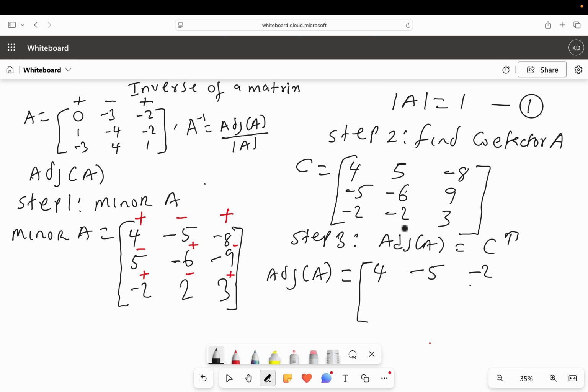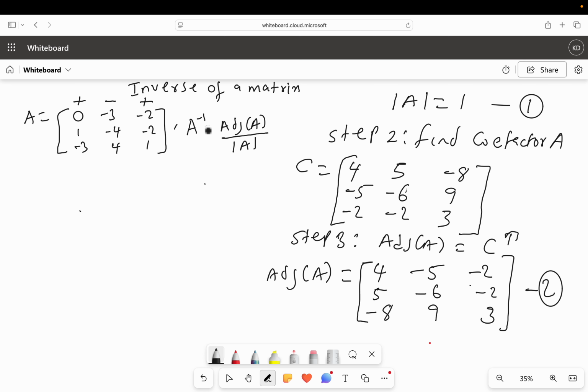Then this column will turn into my second row. So 5, minus 6, minus 2. Then the third column will turn into my third row. So minus 8, 9, and 3.